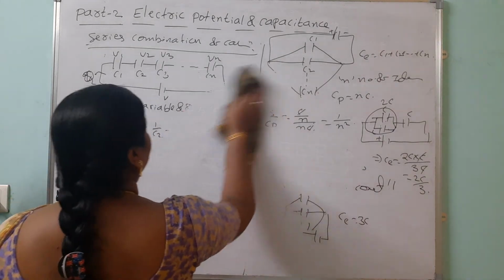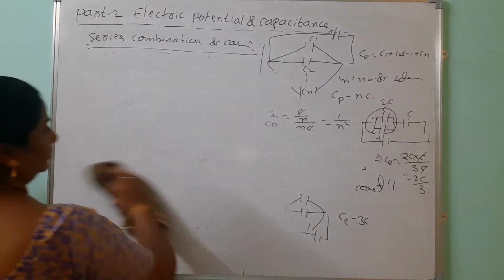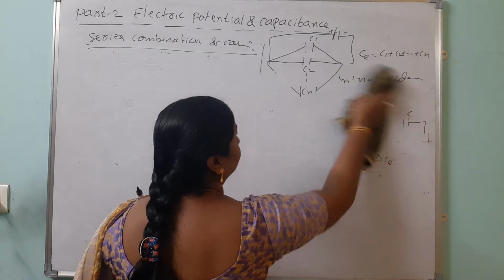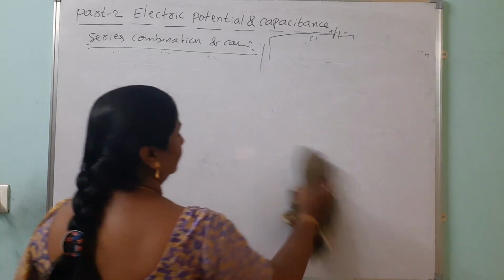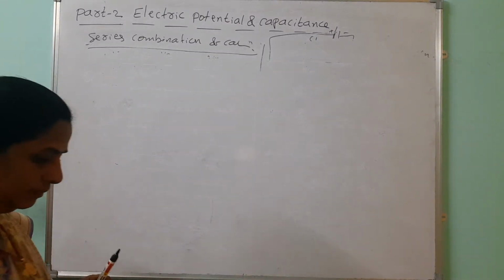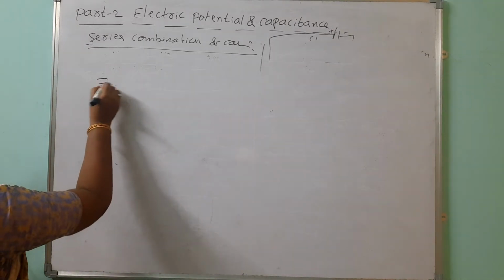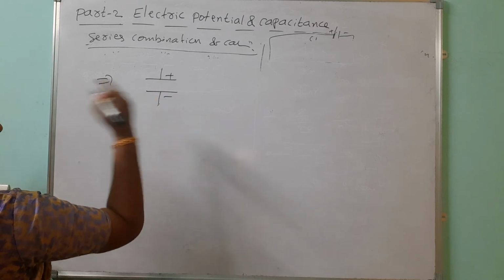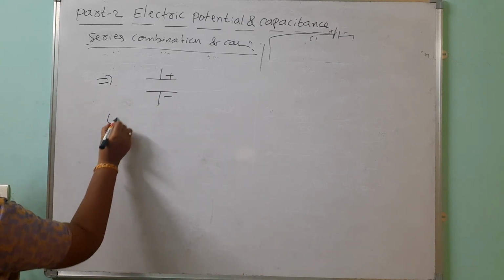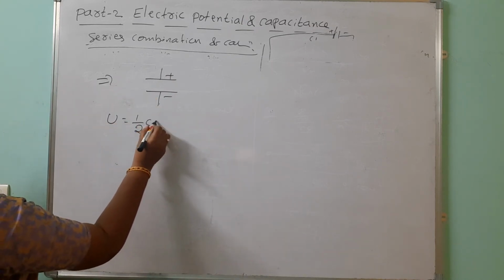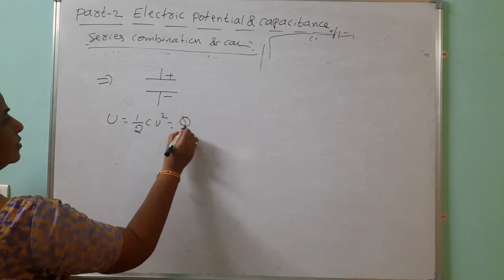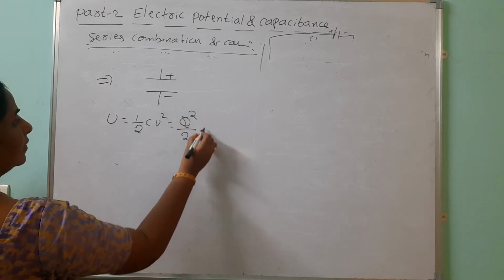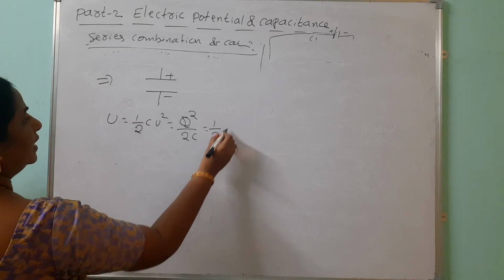energy stored in a capacitor. See, as usual this is the positive and this is the negative. Energy stored means the formula is half CV square, which equals Q square by 2C, and half QV also you can take.